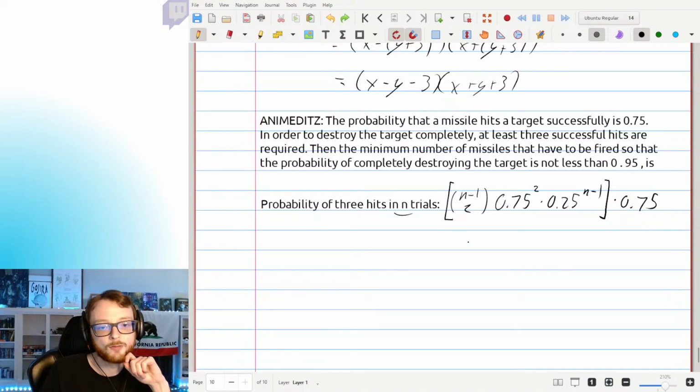If we have n total trials, the two hits happen in the first n minus one trials, and then the nth is the final hit.